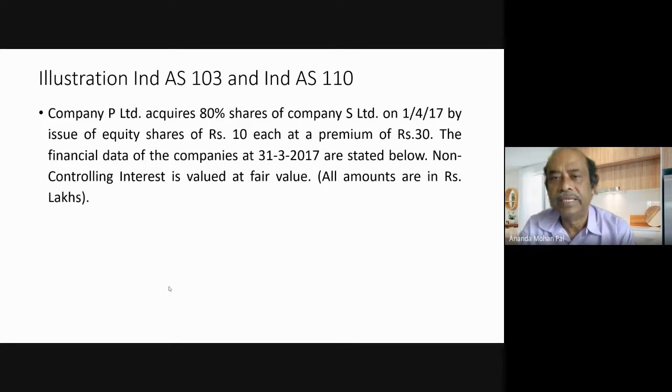You see, company P Limited acquires 80% shares of company S Limited. Parent acquires 80% shares of the subsidiary on 1st April 17 by issue of equity shares of rupees 10 each at a premium of rupees 30. That means we would assume the fair value of each share is 40.